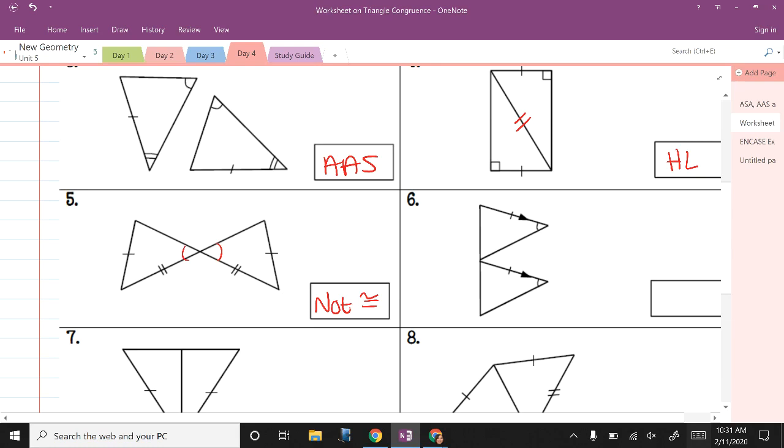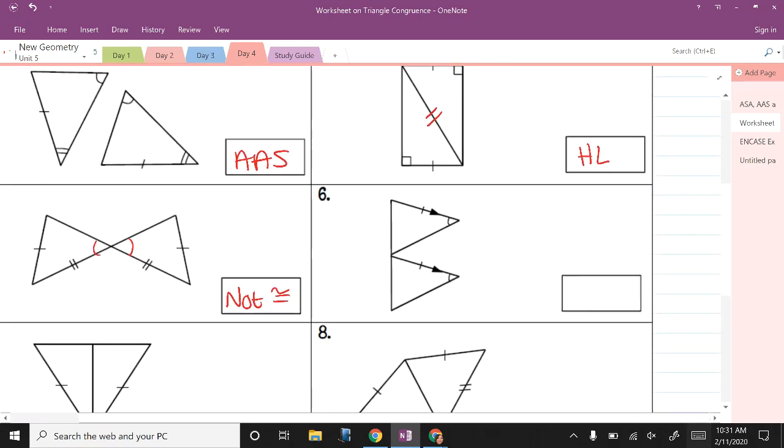Very good. I believe if any of them gave anybody trouble, it was number 6. Y'all agree? You just had to think about it. So first of all, what do these little arrows right here mean? Those lines are parallel. Sometimes when you have parallel lines, it makes sense to extend them a little bit longer so you can see that those are parallel lines and this segment right here is a transversal.